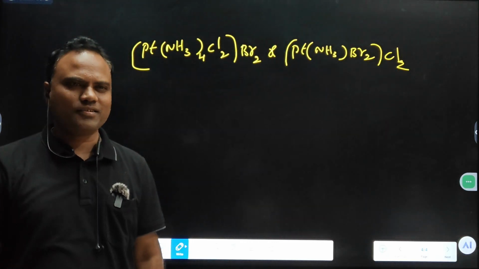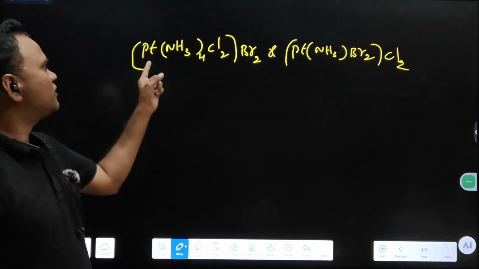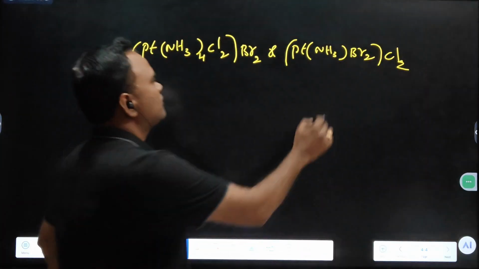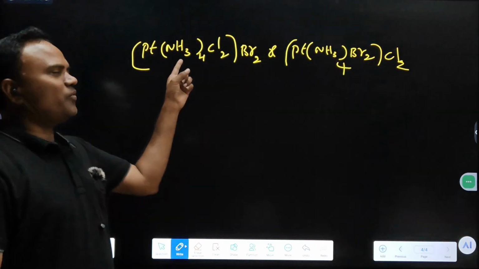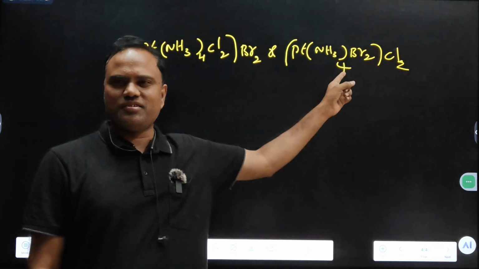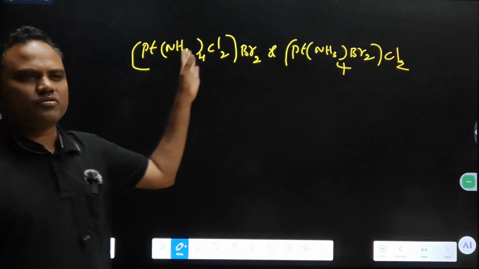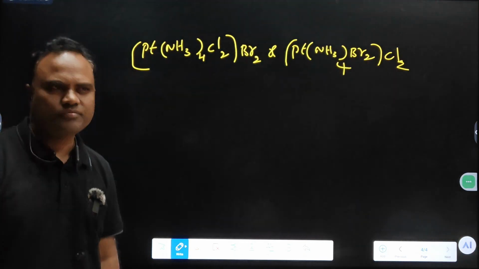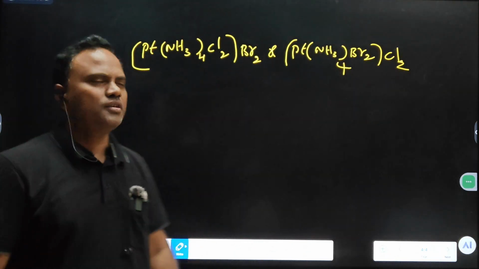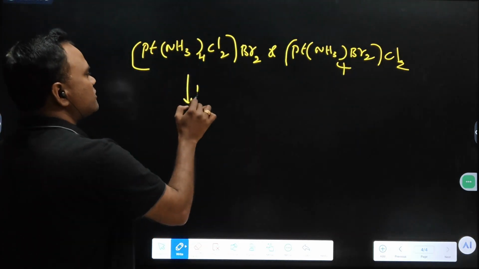I can consider. The formula is the same only, na? Platinum, 4 amines, Br2, Cl2. The formula is the same. So we can consider. What happens when we dissolve this in water?